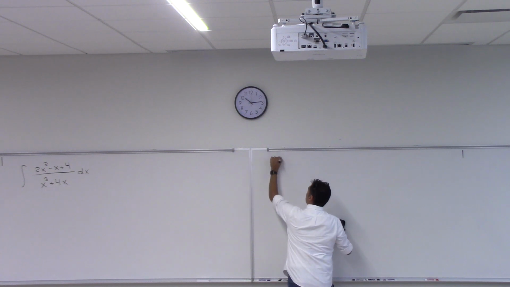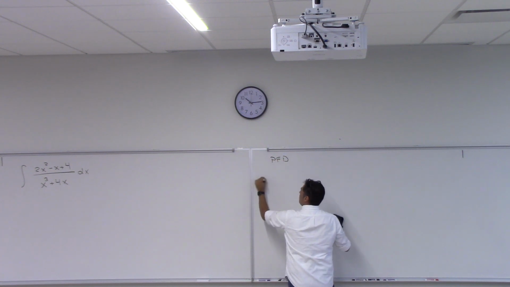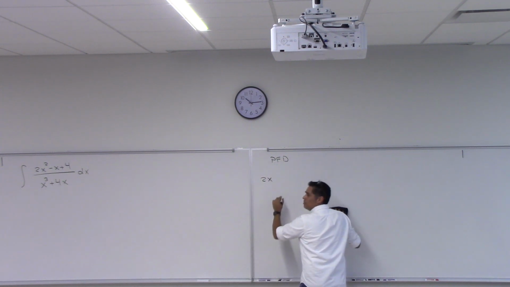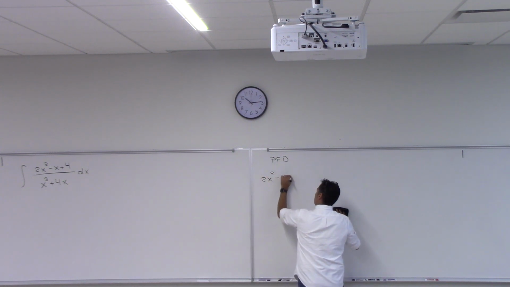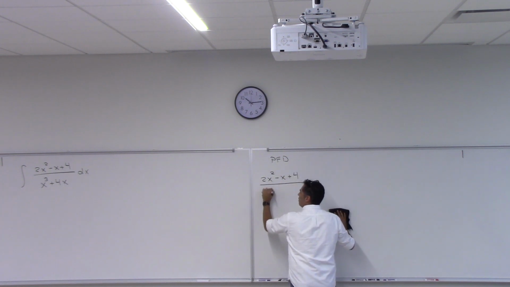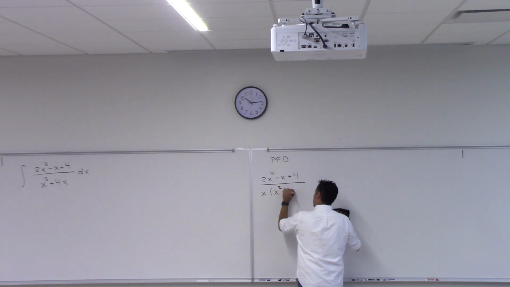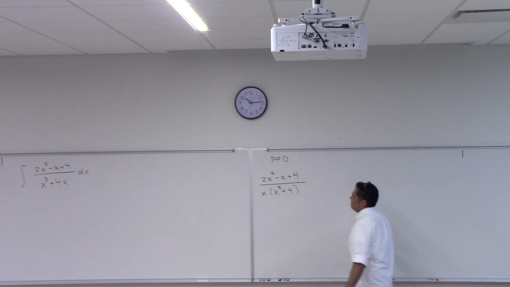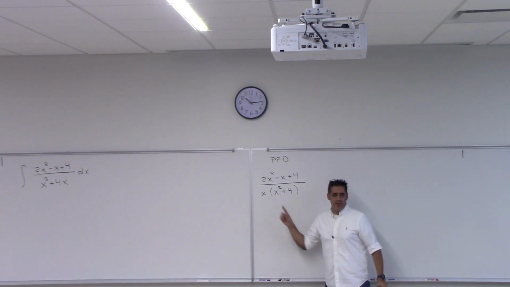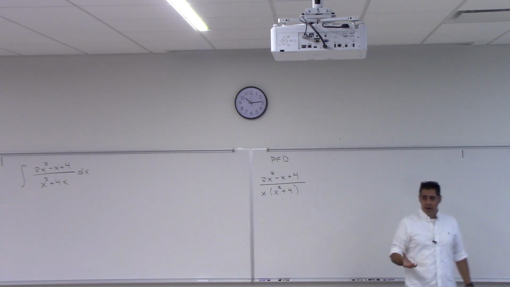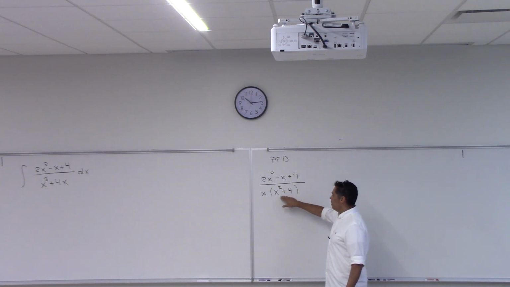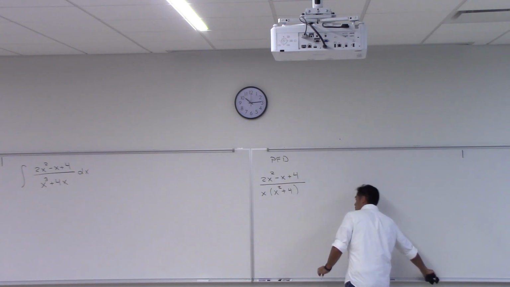So partial fraction decomposition. I have 2x squared minus x plus 4 over the denominator, which I can pull an x out of, and it leaves me with x squared plus 4. Unfortunately, this is not a difference of squares, so it does not factor anymore. So the question becomes, what do we have here?